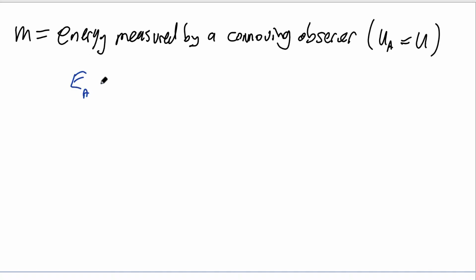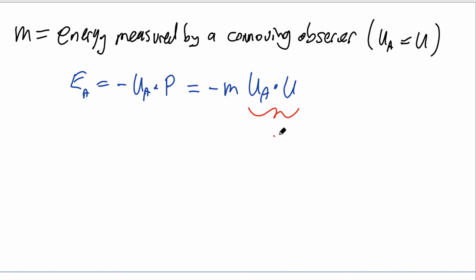The energy as seen by this co-moving observer is minus the inner product of U_A with the momentum of the particle. But the momentum of the particle is just the mass times the velocity of the particle. So let's put the mass factor here. This is U_A dot U. But if U_A and U are equal, then this is just minus 1.